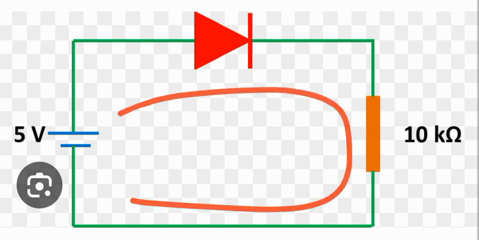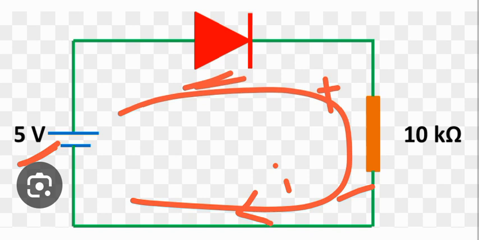into the loop. What is Kirchhoff's voltage law? Just refer to the previous module videos that I have made over KVL and KCL, the two Kirchhoff's laws. So Kirchhoff's law says that the sum of all the voltages inside the loop is equal to 0. So we say that 5 volt plus the drop across this diode plus the drop across this resistor is equal to 0.